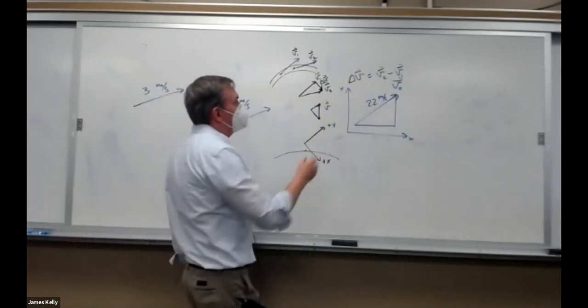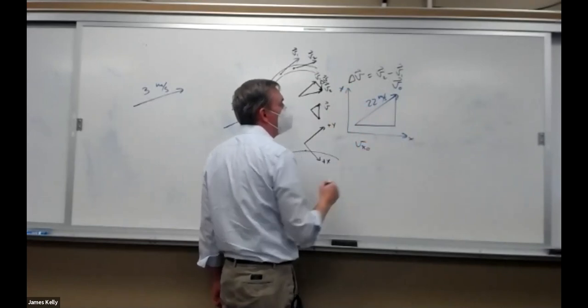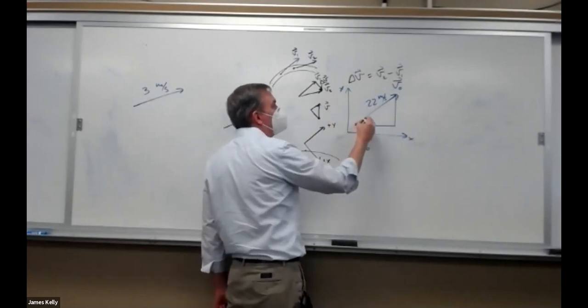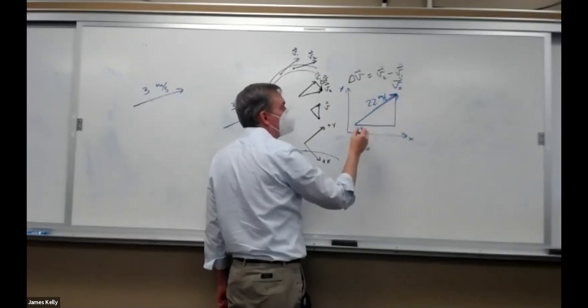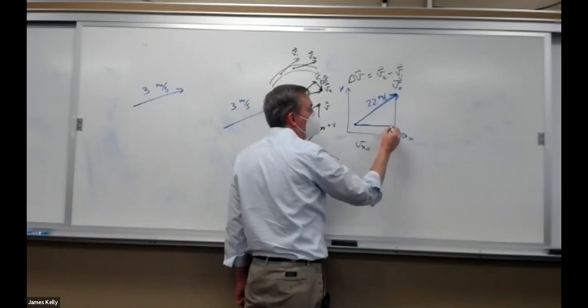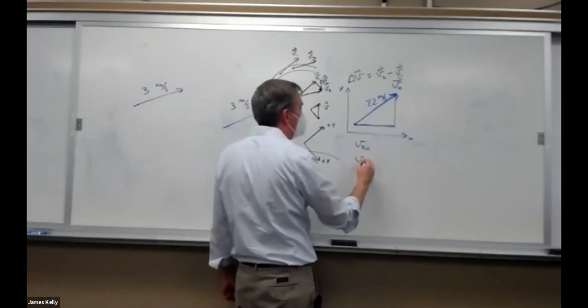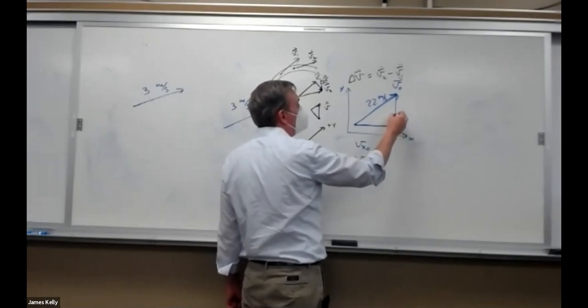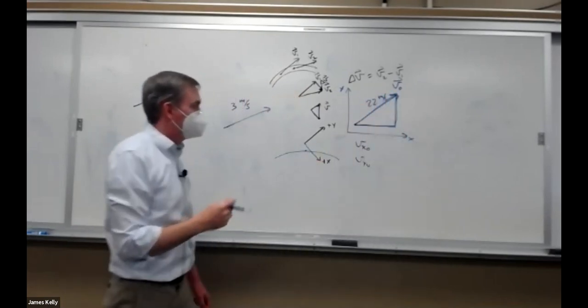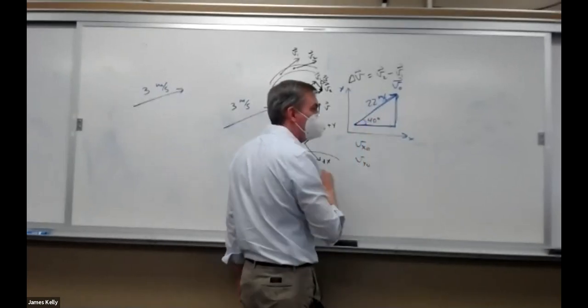When I say I want Vx initial, here's V initial, this vector, and its X component is going from tail to tip: how far do I go along X, with the plus or minus sign? And Vy initial is how far do I go along Y, with the plus or minus sign? They'll both be positive here. I believe this was 40 degrees, is that correct?